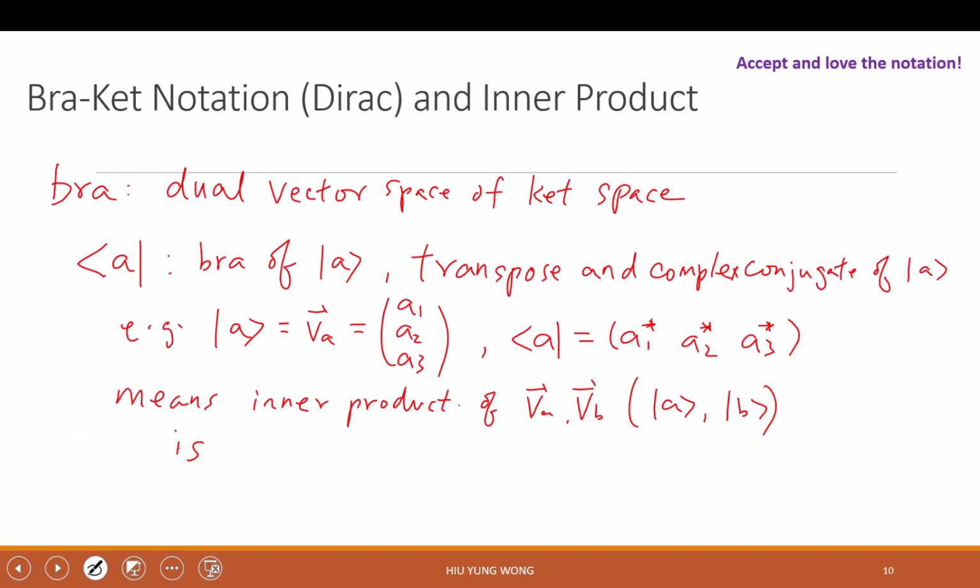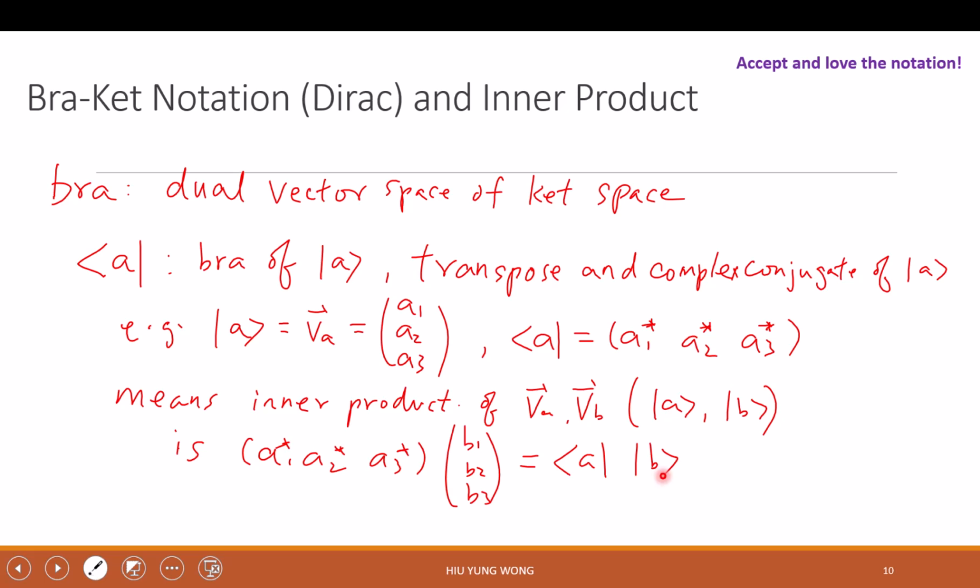How about I say this? Is A1 star, A2 star, A3 star times B1, B2, B3. That is the definition of inner product, right? Remember? Rotate, complex conjugate, transpose times the vector, right? But what exactly is this? This is just A bra times B cat.